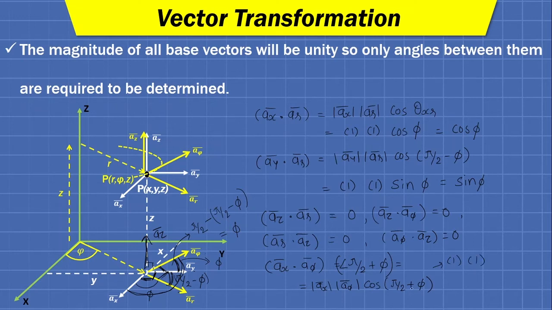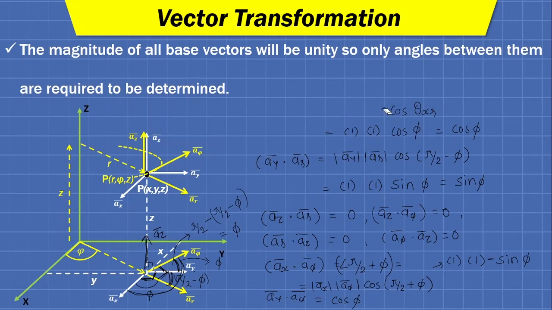Now cos of pi by 2 plus phi turns into sin phi, but this angle lies in the second quadrant, so it will be negative sin phi. And for a_y dot a_phi the angle is simply phi, so the answer will be cos phi.